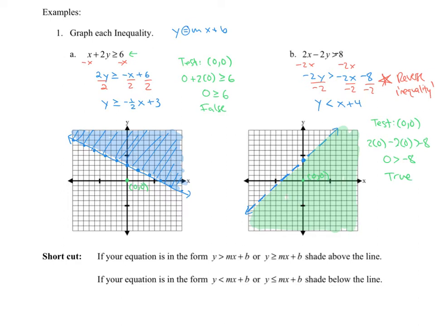Okay, and that would be the solution to my inequality. So the part that you shade, all of the points in that region should satisfy the inequality or make it true. And the points in the region that's not shaded do not satisfy the inequality.